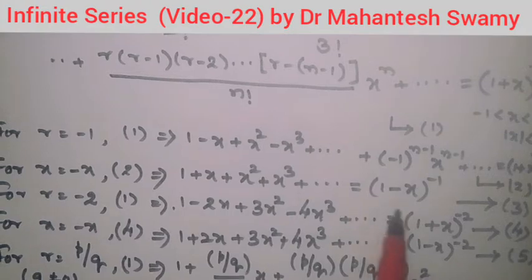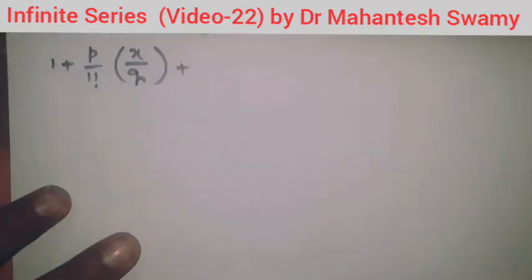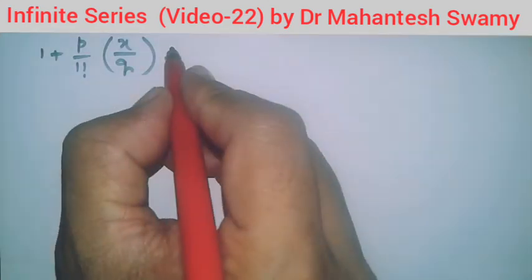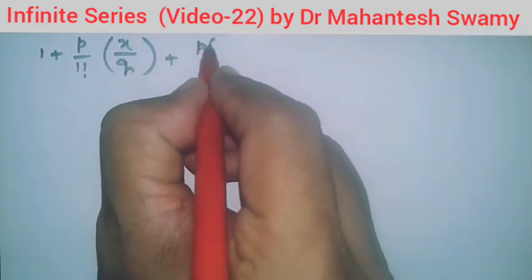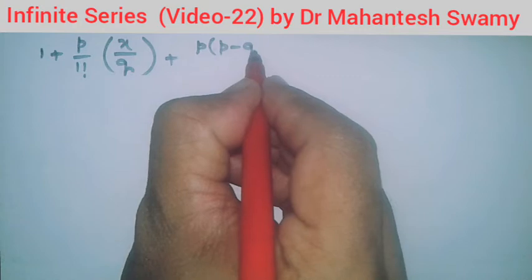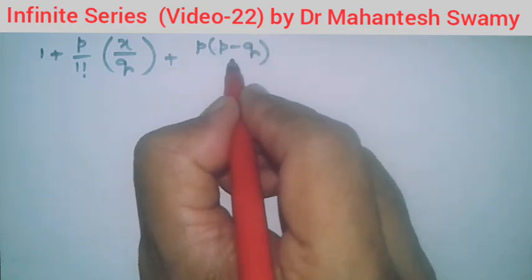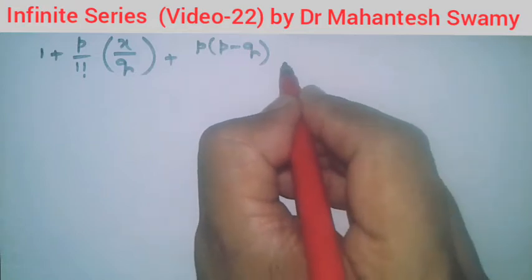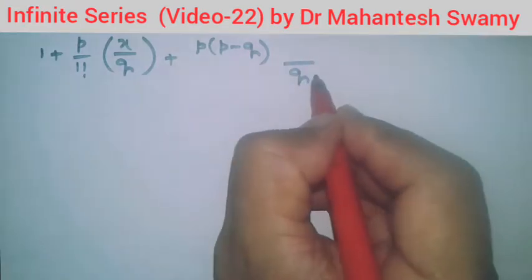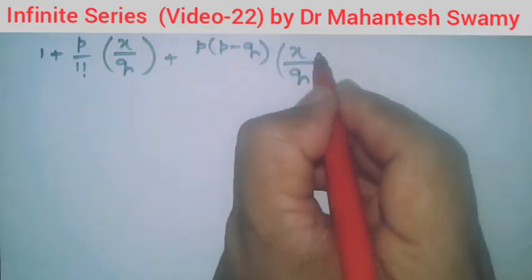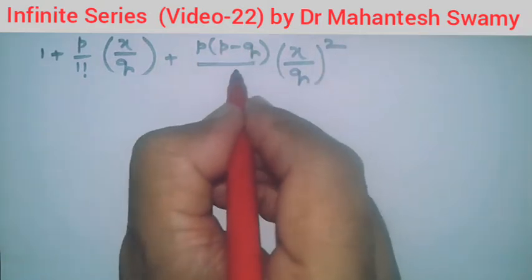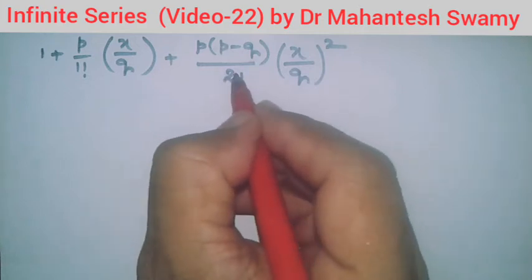So the simplified form is p into bracket p minus q, and the denominator q and this q both become q square, which is written along with x square as x by q whole square, and 2 factorial is kept as it is.